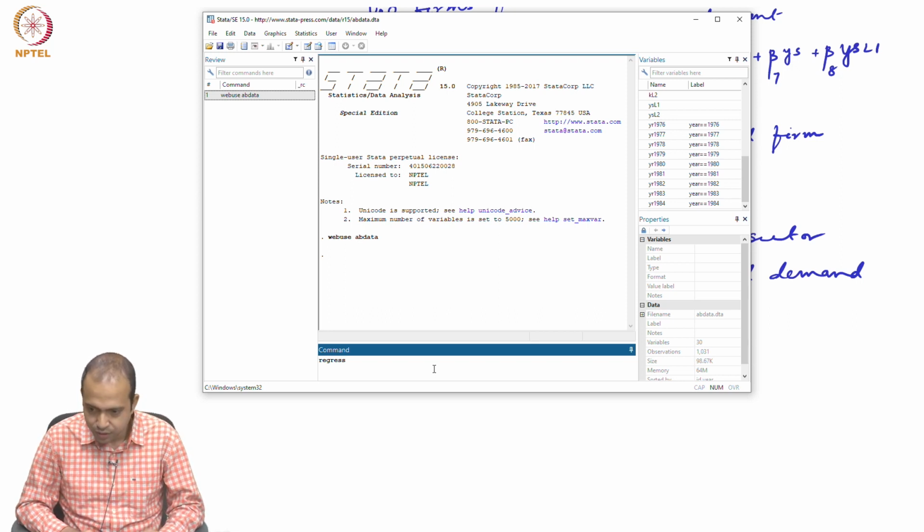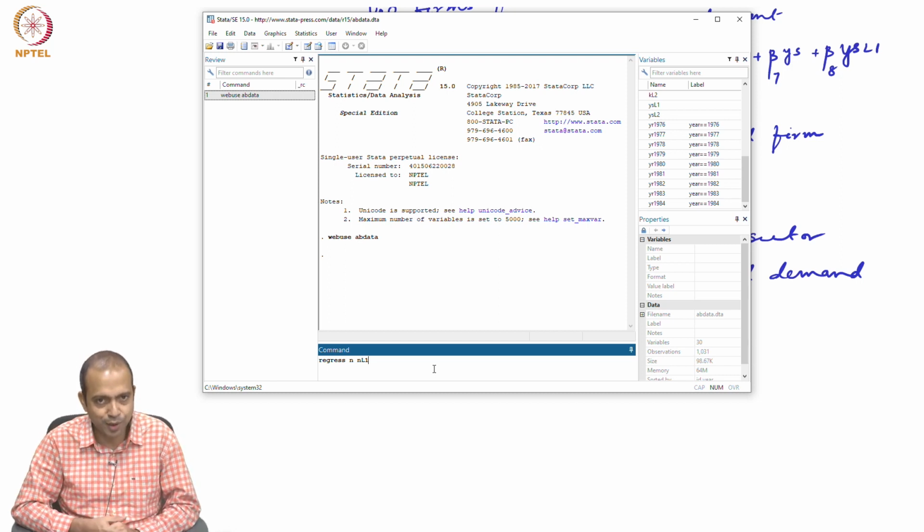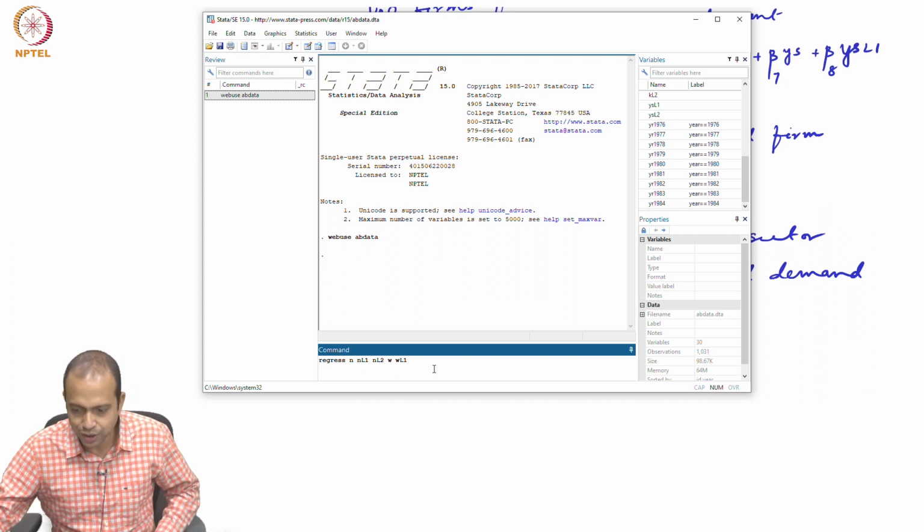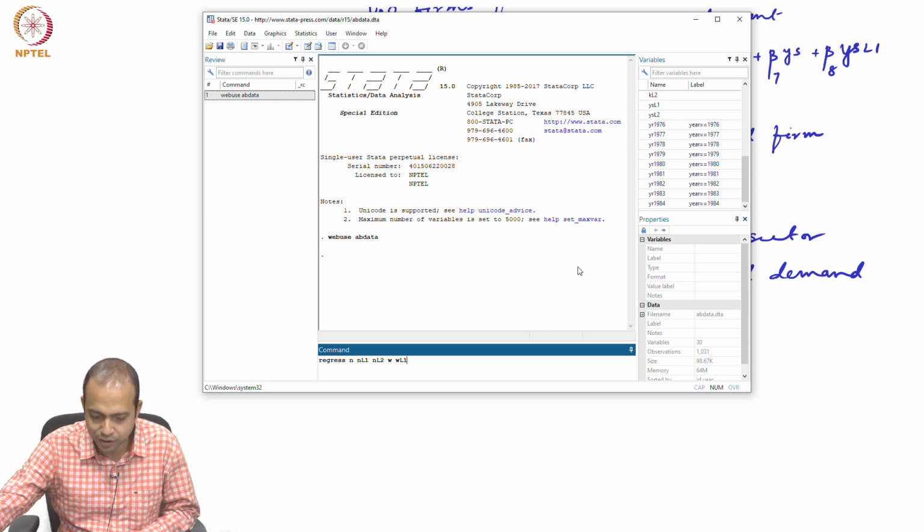What will happen? We put the regress command, regress, and then my dependent variable is employment N, and then I am using L1, that means lag of employment, to make the model dynamic. Then I have also taken L2, second lag of employment, and then W, and lag of W. Instead of typing, we can simply click over here.